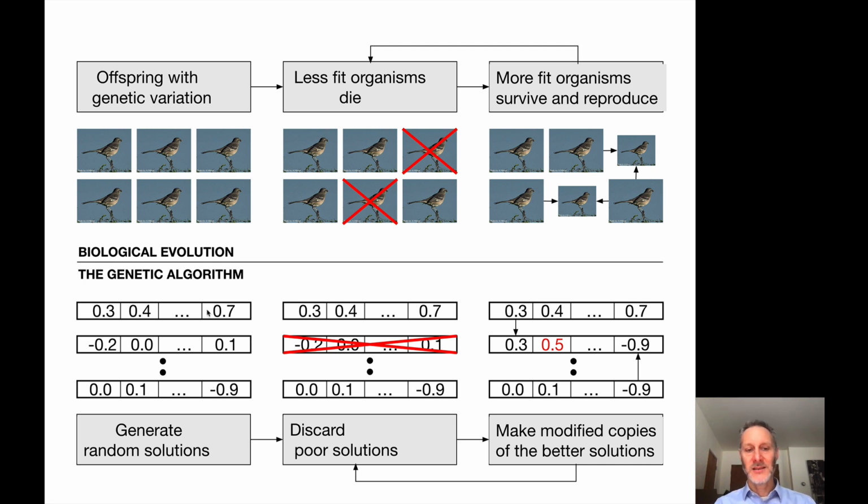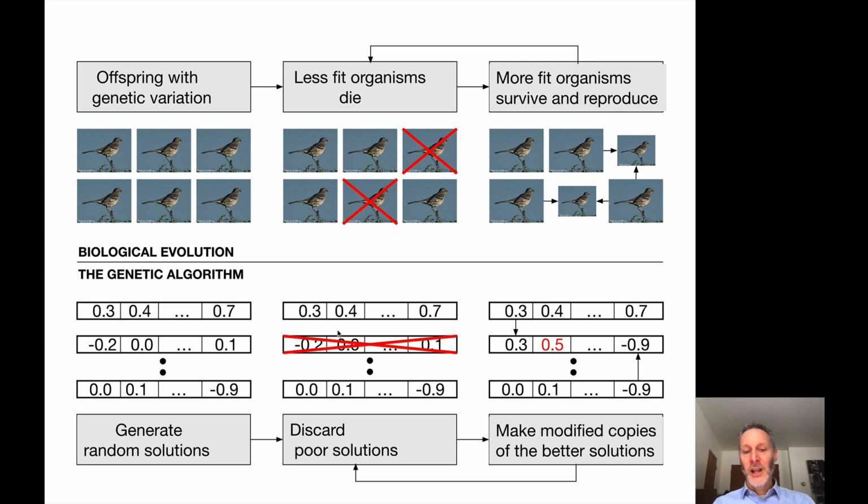We then take each solution in turn and apply it to the problem, and we get back a single number, as we just talked about a few slides back, which tells us how well or how poorly that solution solves the given problem.